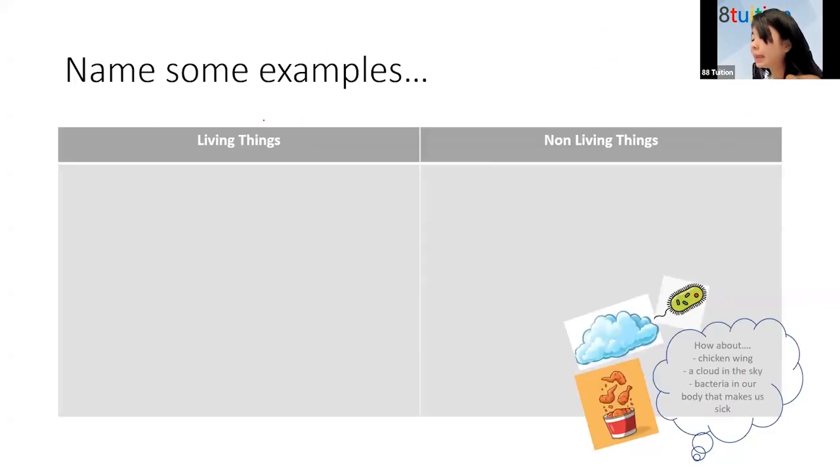Now, how about bacteria in our body that makes us sick? Is that a living thing? Not a living thing. Okay, so when you have bacteria in our body, you go to see the doctor, correct? The doctor gives you antibiotics. Have you eaten antibiotics before? Yeah.